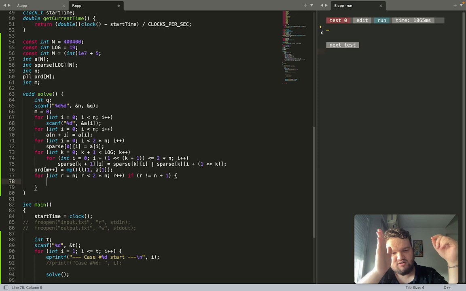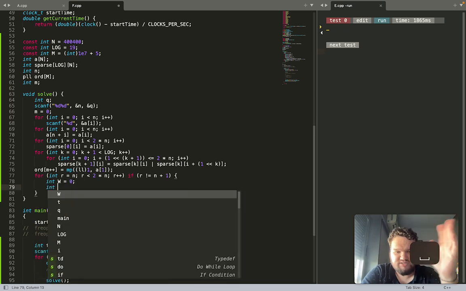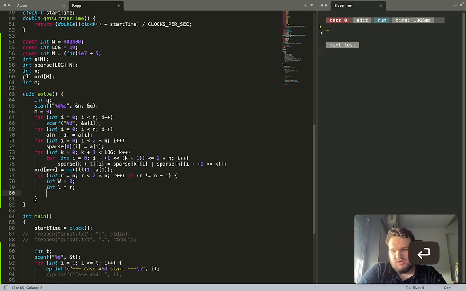I want to find each place where, when I move the left border by 1, the OR changes. So the current OR is 0 if I have an empty segment. And now I will move it.